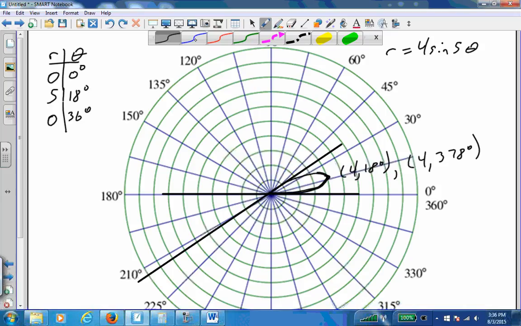What gets even more complicated is at the pole. There are lots and lots of times that we're at 0. The first time is when we put a 0. The second time would be when this equals 180. The next time would be when this equals 360. Then when that equals 540.